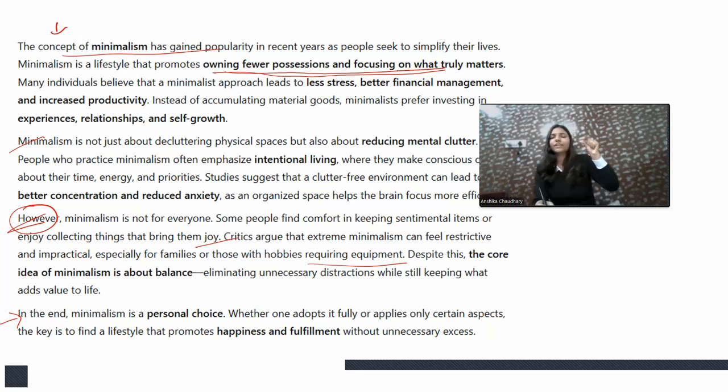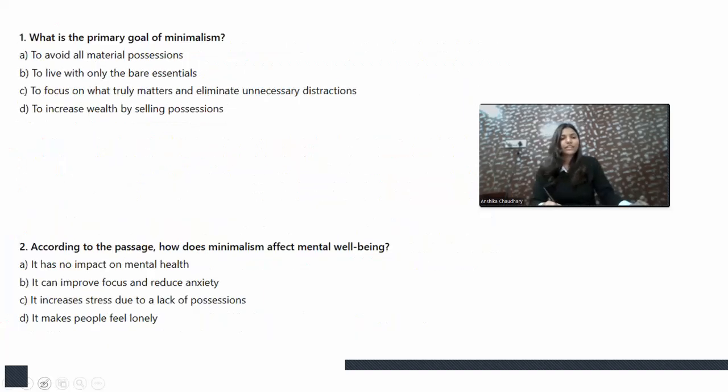The very first paragraph and the last paragraph, like 95 to 100%, will be helpful for answering at least one or two questions for sure. So it is something to focus on what really matters and eliminate unnecessary distractions from your life. The next is, according to the passage, how does minimalism affect mental well-being?